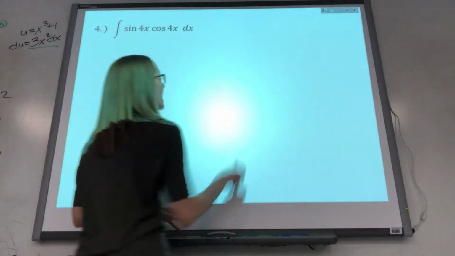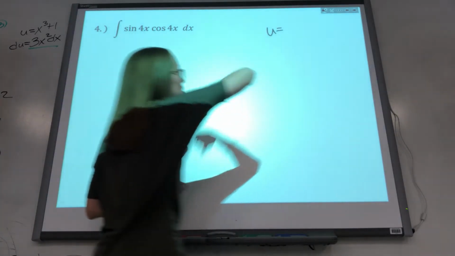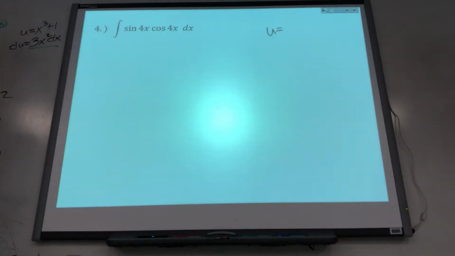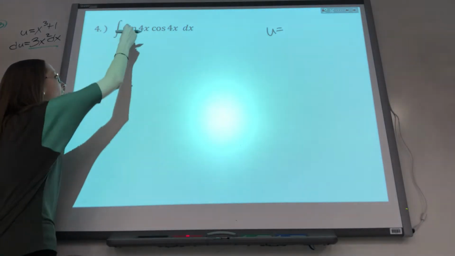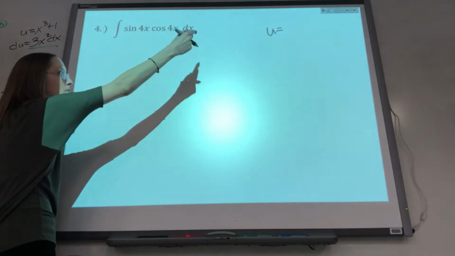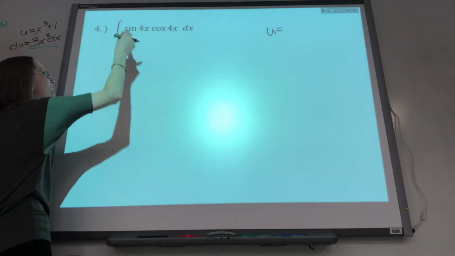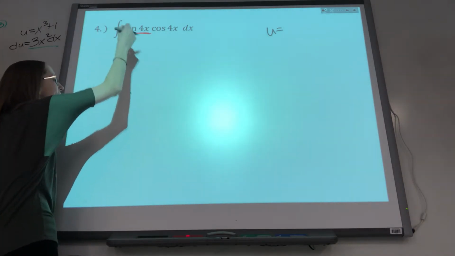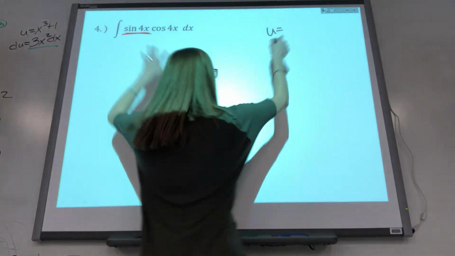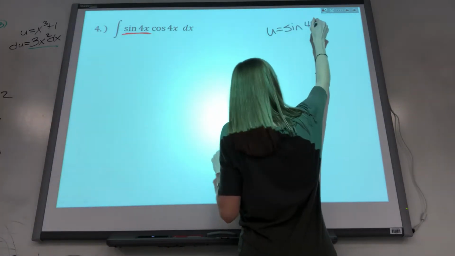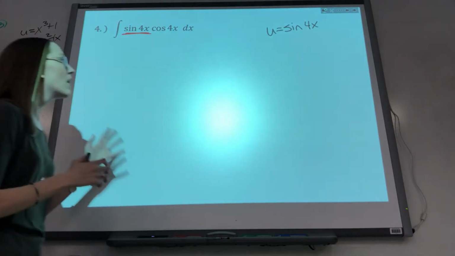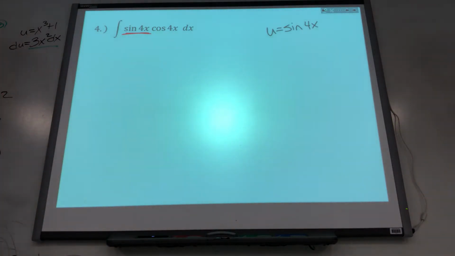So if that doesn't work, there's actually 2 ways that you could do this problem. If you can't let the part after the trig function be u, then maybe let one entire trig function equal u.